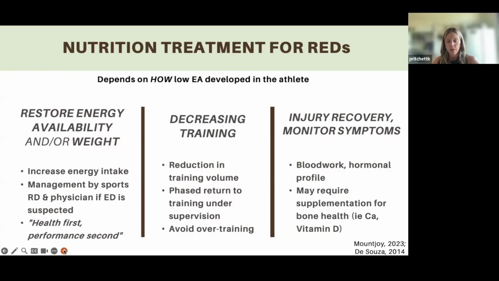It's also important to monitor certain blood work. We may look at, for example, iron or a hormonal profile. And if we have athletes that are not having a menstrual cycle or have amenorrhea, they may require additional supplementation to support their bone health through calcium-rich foods, but also a vitamin D supplement.